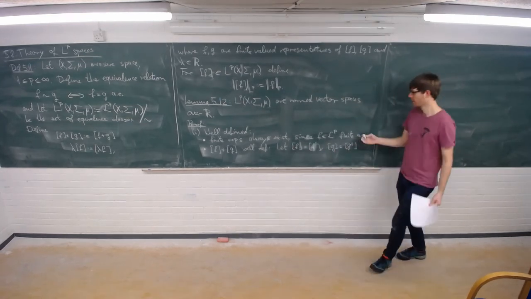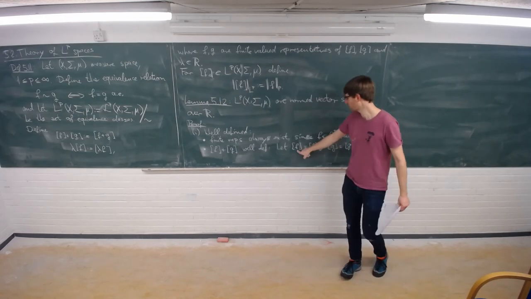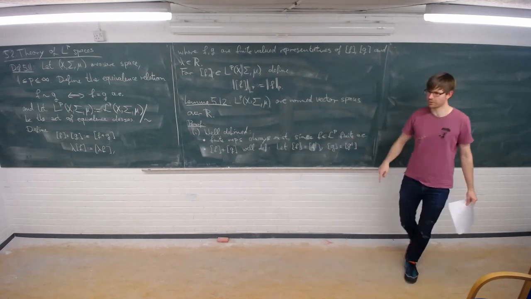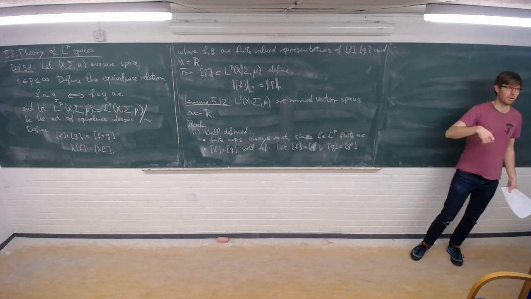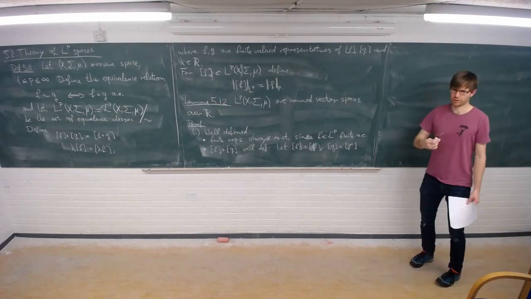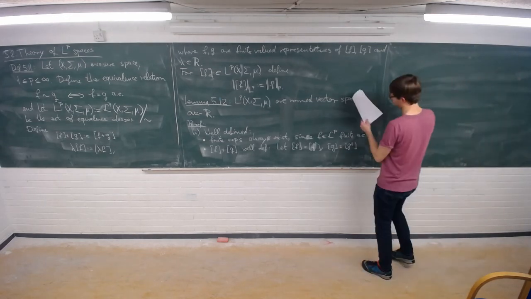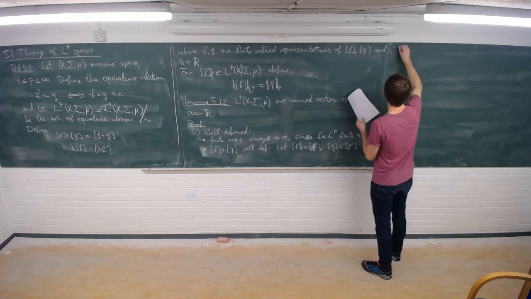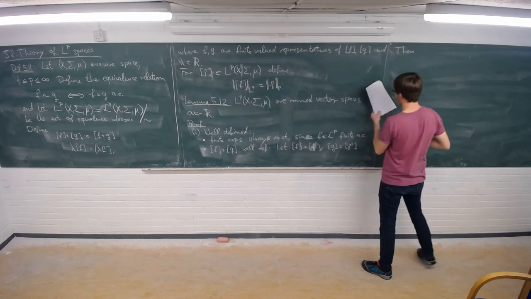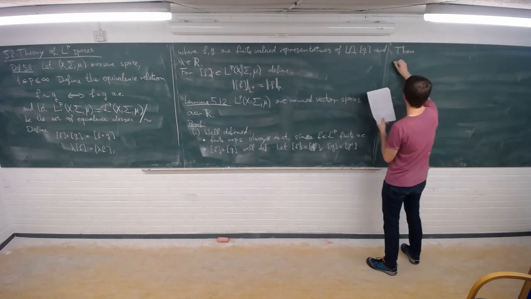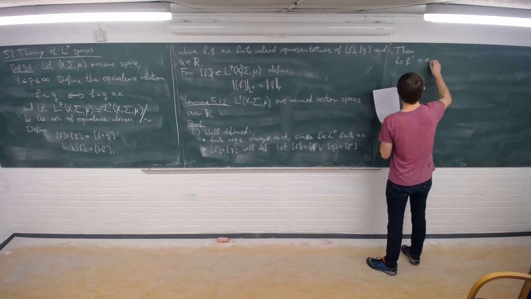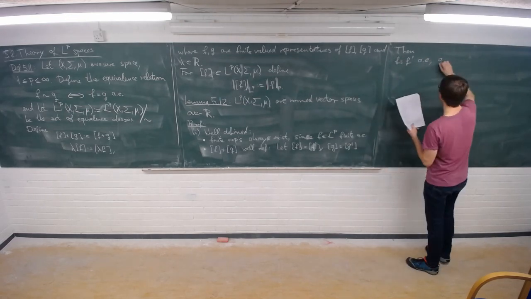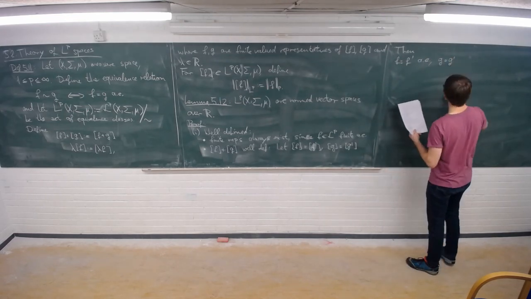Then, what does this mean? Class of F equal to class of F prime by definition just means that F and F prime are equal almost everywhere. So F is equal to F prime almost everywhere, and G is equal to G prime almost everywhere.